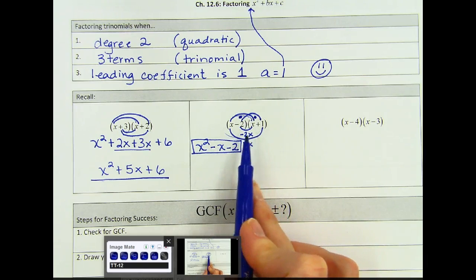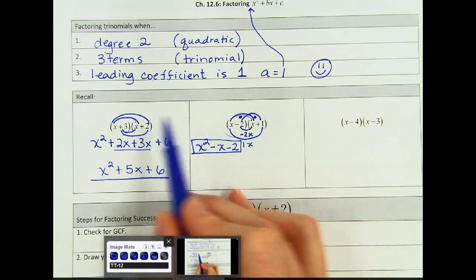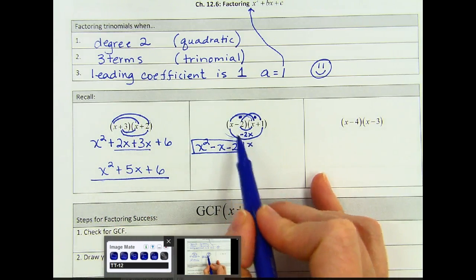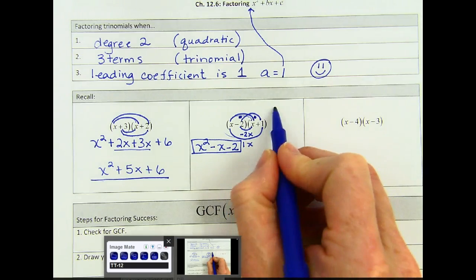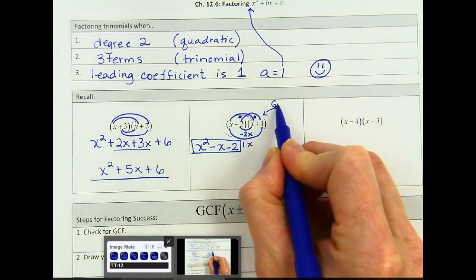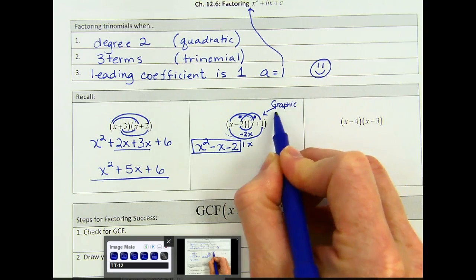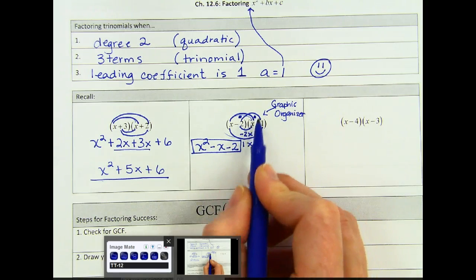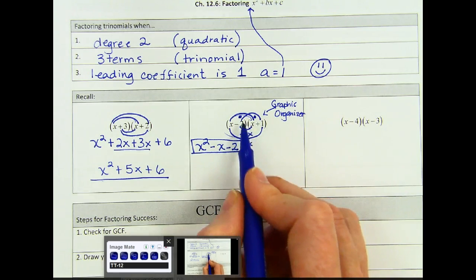Now what we're going to do, instead of using distributive property like this, we are going to be trying to do this today. And I want you to realize that all this is right here is a graphic organizer. I'm going to call it the little smiling man. Now, I think it looks like a monkey.